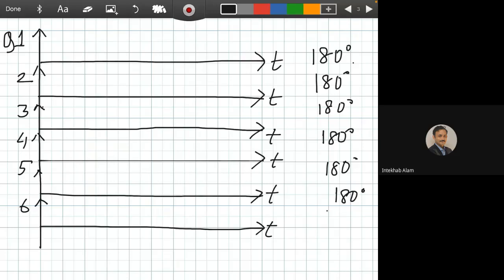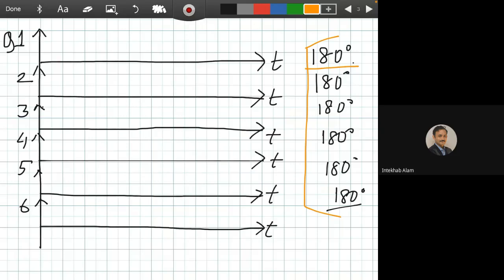So here the conduction is 180 degrees for all. If the conduction is 120 degrees, then 120 degrees for all, and the others will remain off.